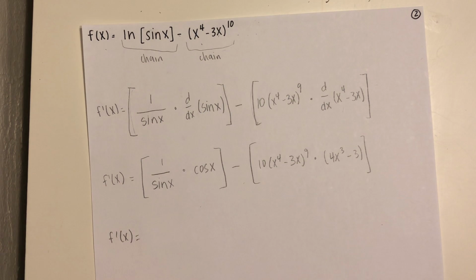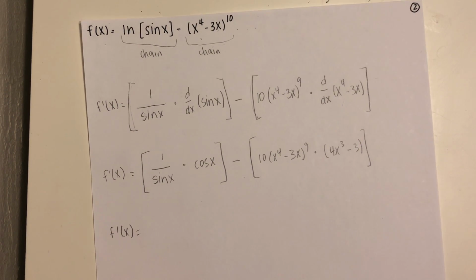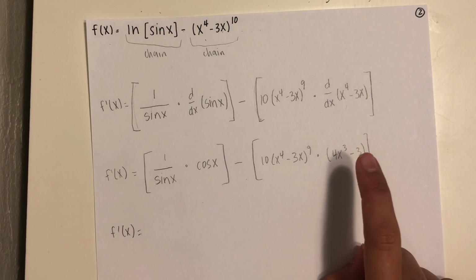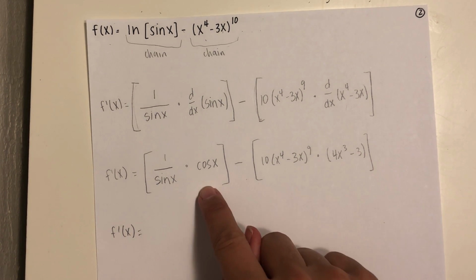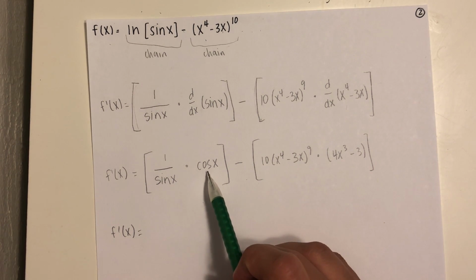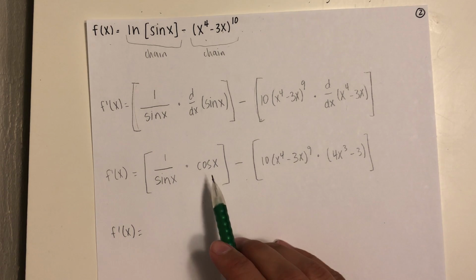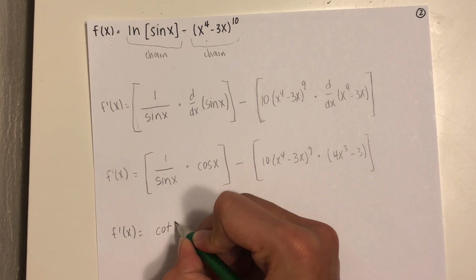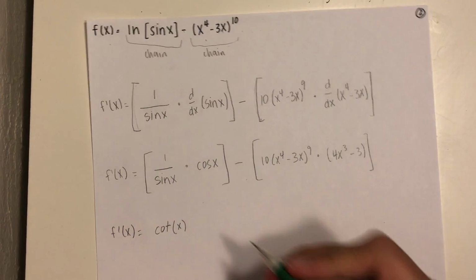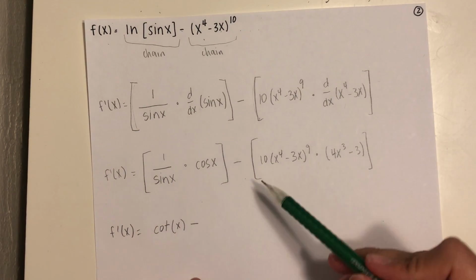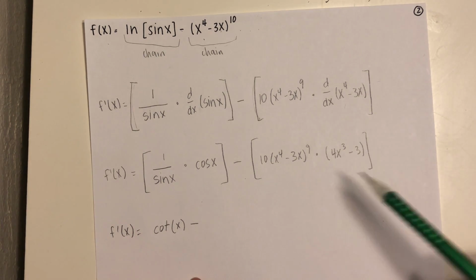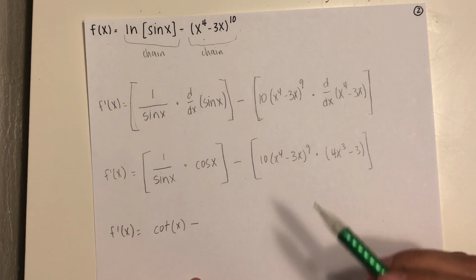That doesn't always happen. We don't always get a nice pretty answer. So like this one is going to be very difficult to simplify. But this term simplifies pretty nicely. So cosine times 1 over sine becomes cosine over sine, which is just cotangent. So it's the cotangent of x minus, and then when I get something like this, personally I write it in order of power from lowest to highest.